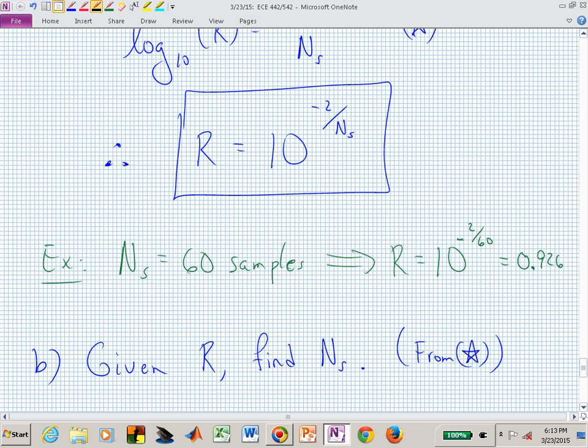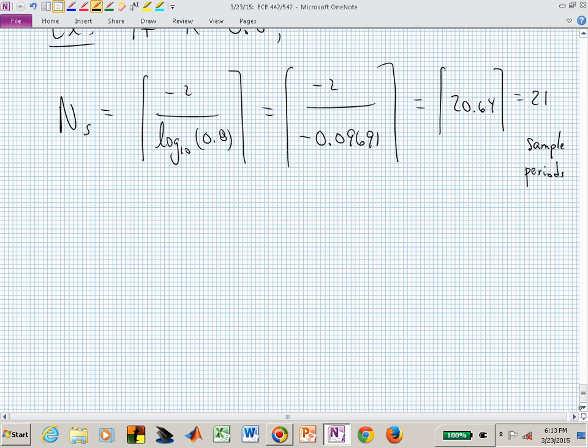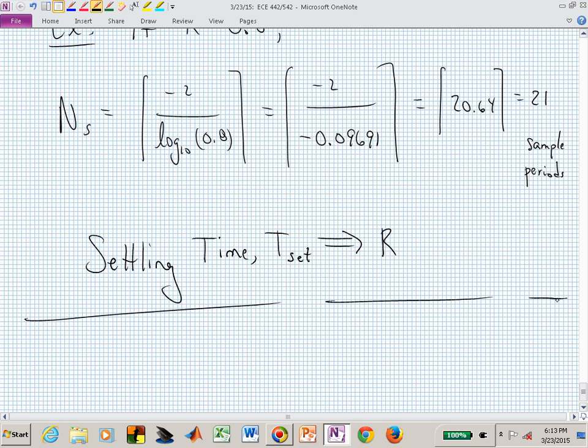Questions on settling time and what it translates into in the z-plane? Settling time then implies some R value.